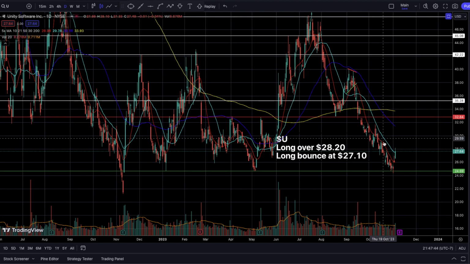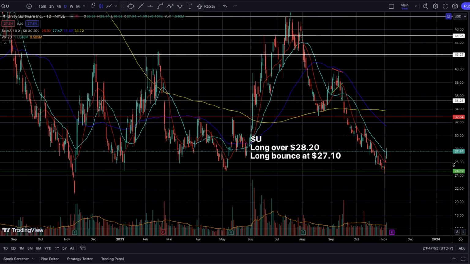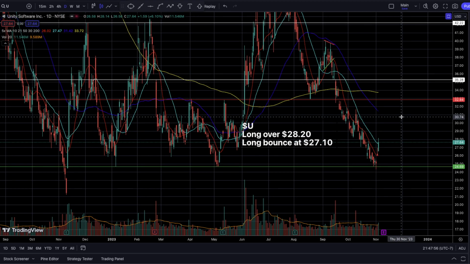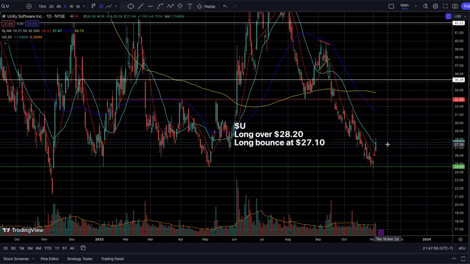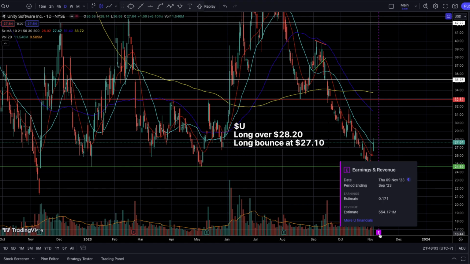And the fact that it's come back down to retest the near all-time lows and this major support level at 24.50, and then pivoting off of it, also thanks to the market helping this pivot, I think this one's very intriguing and interesting for this week because we're also heading into earnings. This one has earnings on Thursday, which means there is a slight possibility that we can see an earnings run-up, which means individual relative strength on this specific name this entire week, whether or not the market decides to pull back.